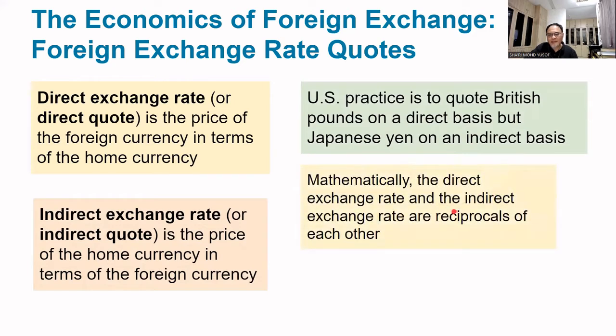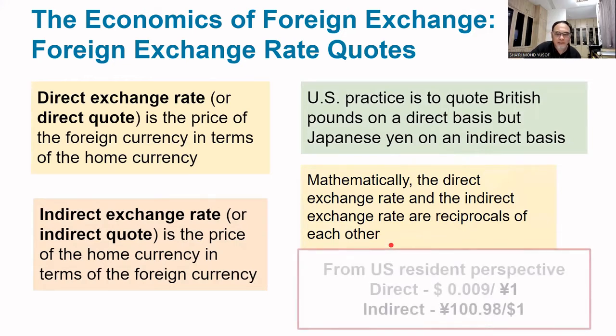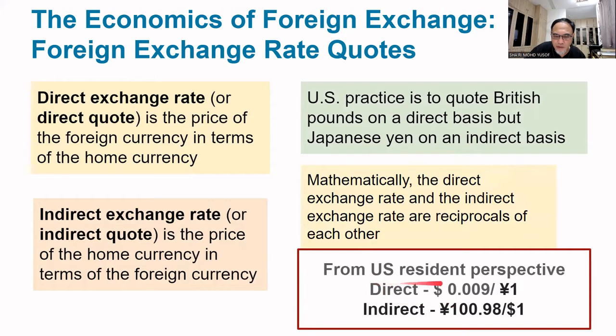So mathematically, the direct exchange rate and indirect exchange rate are reciprocals of each other. You can see this in all foreign exchange tables. For example, from the US resident perspective, the direct quote is $0.09 per 1 yen.